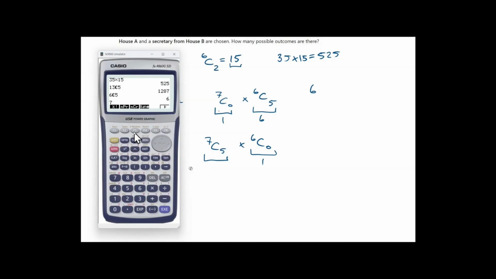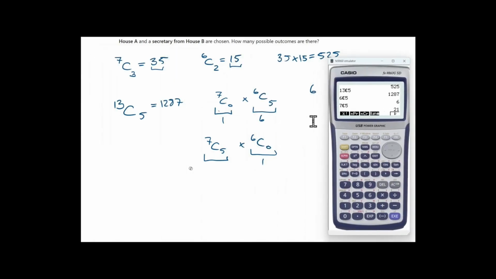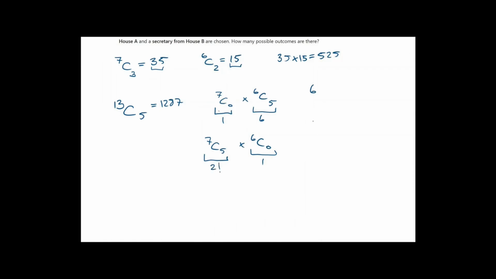So 7 choose 5 is going to be 21. So there are 21 ways of choosing all the students from A, and there are 6 ways of only choosing all of them from house B.